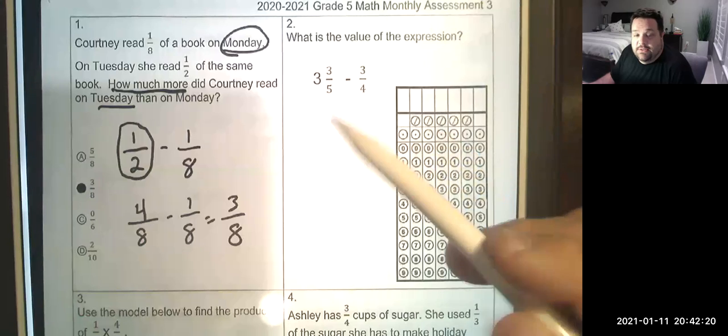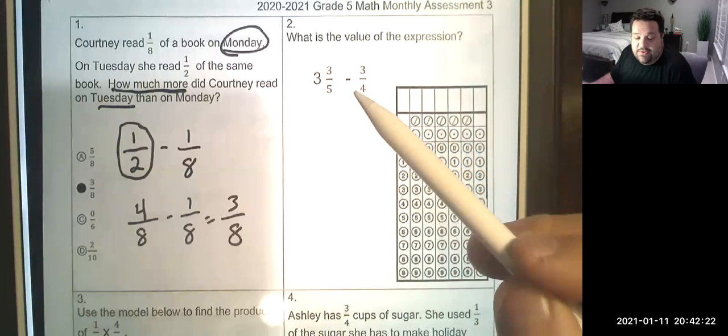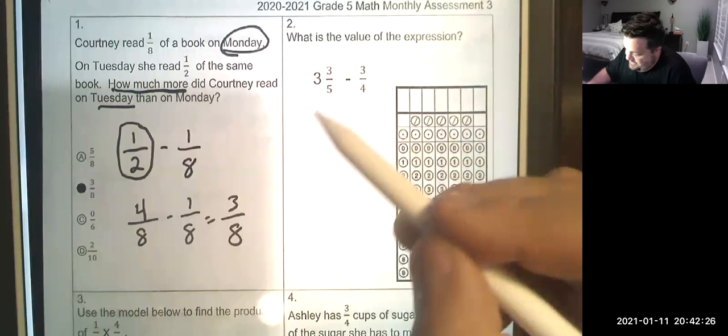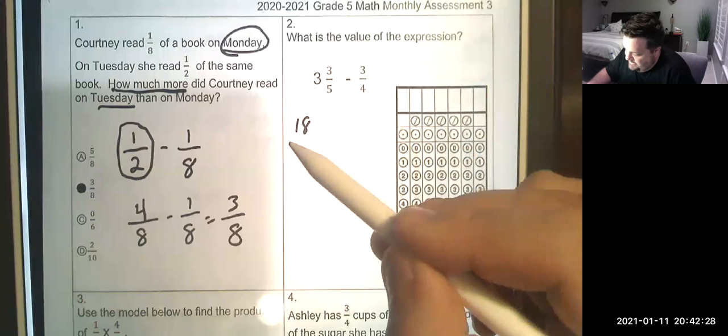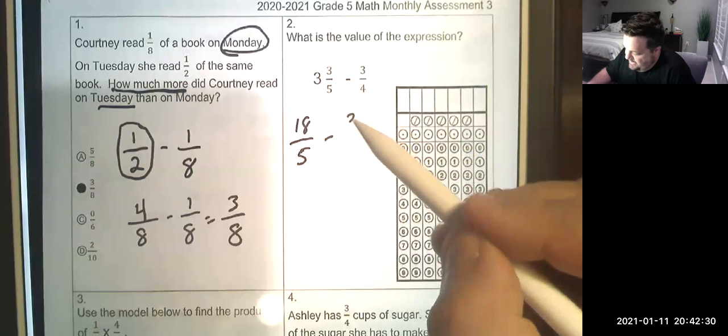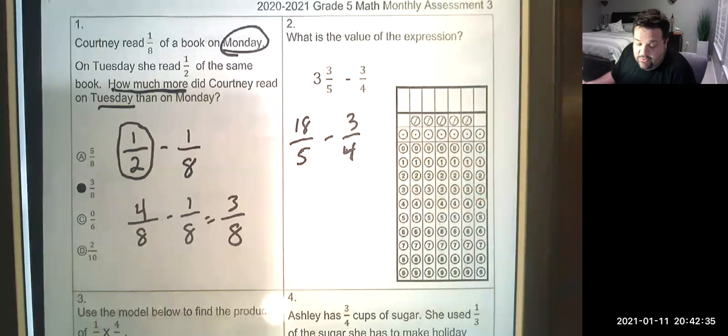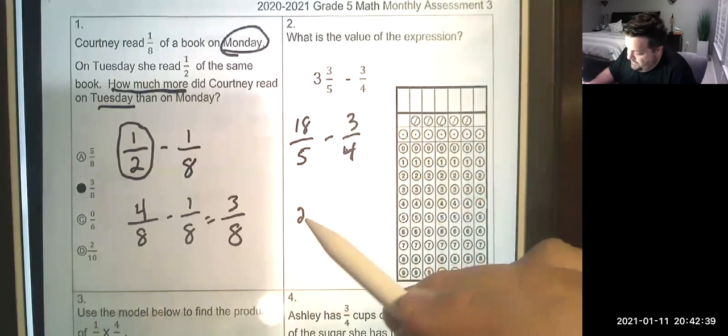evaluate the expression. We've got to change this into a fraction and then just do the subtraction, right? So 5 times 3 is 15, plus the 3 is 18. Keep your denominator the same, minus 3/4. We need to now find a common denominator. That would be 20.